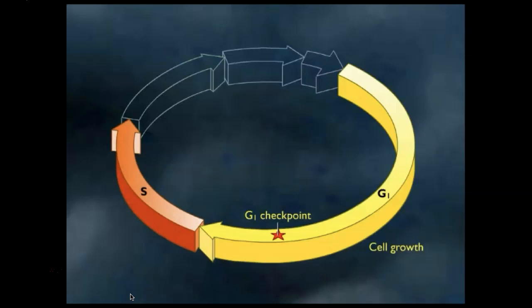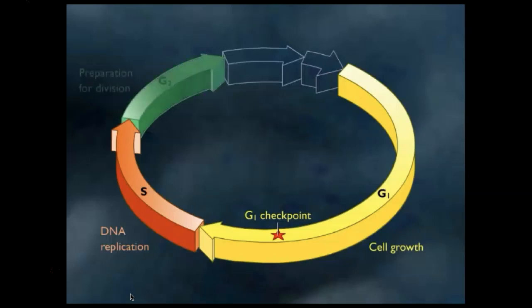During the S phase, DNA replication occurs so that future cells will each have a complete set of the genetic instructions in the DNA. After DNA replication is complete, cells enter the G2 phase, where they continue to grow and prepare for cell division. At a checkpoint in this phase, the success of DNA replication is assessed.